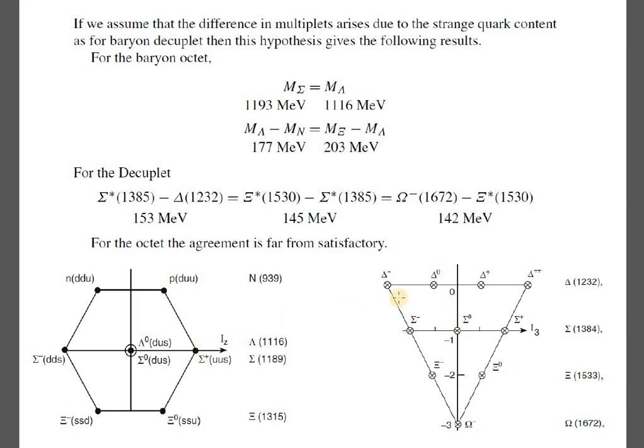Now let us just compare the scenario of the decaplet. If I compare the sigma with delta, that means this and this, the difference is 153 MeV. Now for the other case, what is this one? The difference is 145 MeV. Now we know that this difference is mainly due to the S quark additions, right?